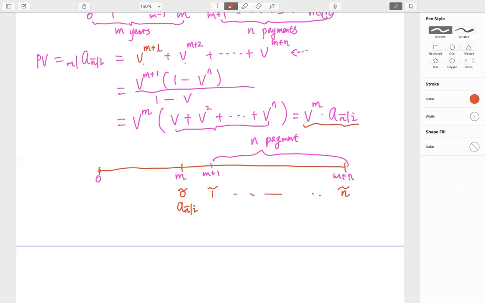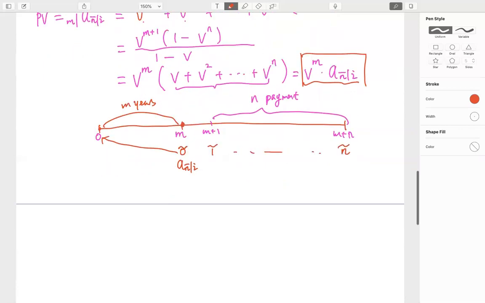How do I go from this new 0 to the original 0? Just need to discount by m years. This is exactly the meaning of this formula, right? We calculate the present value of annuity immediate, but the value is at time m. If I want the present value at time 0, I need to discount back by m years. That is reflected by this discounting factor v to the m.